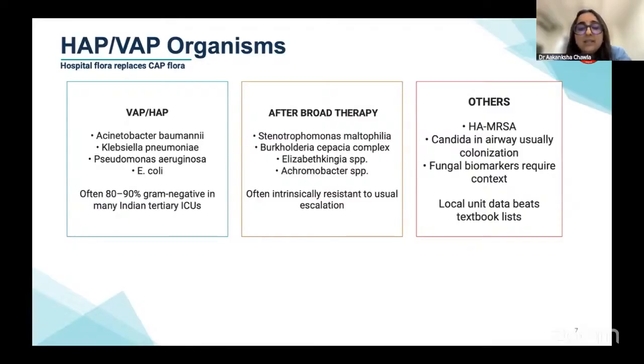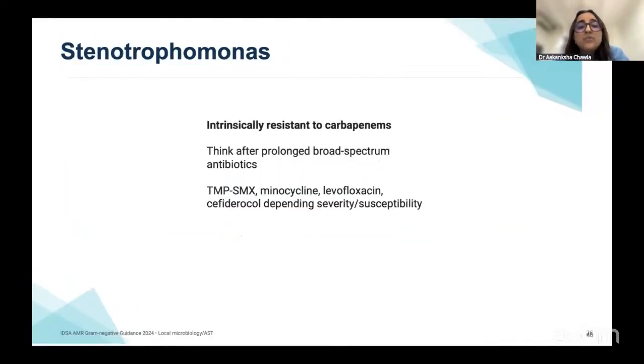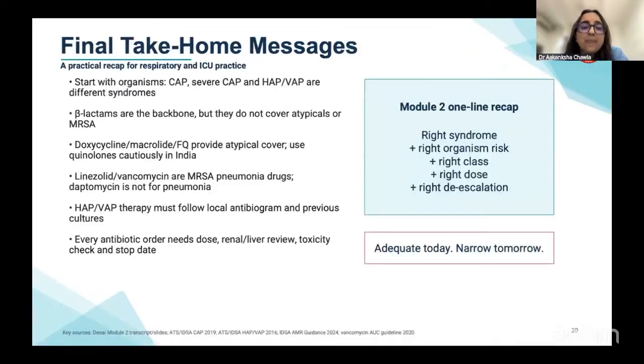But then again, treating them would depend upon the severity and the susceptibility of the drugs to these organisms. So for Stenotrophomonas, we must remember it is intrinsically resistant to carbapenems. Treatment options include trimethoprim sulfamethoxazole, minocycline, levofloxacin, and ceftazidime. But this will again depend upon the severity and susceptibility of the Stenotrophomonas that you've isolated.